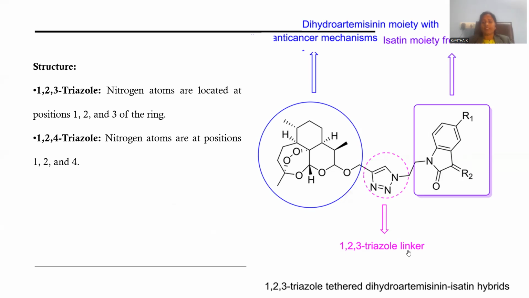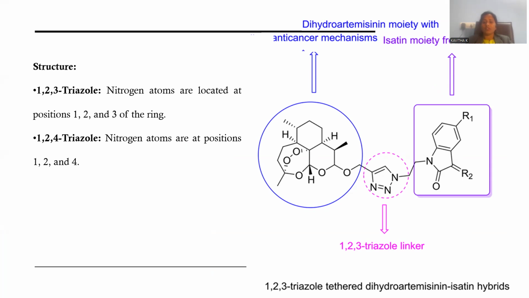And here is a significant moiety you can observe, where the triazole molecule is taken as a linking device between this, called the isatin moiety, and this, a heterocyclic ring with complete saturation. Dihydroartemisinin moiety with anti-cancer activity is accorded for this one.